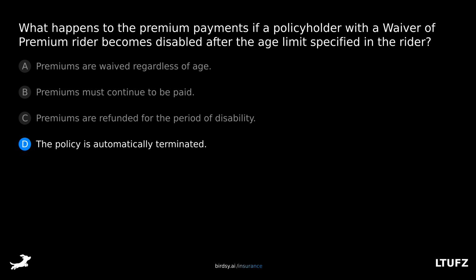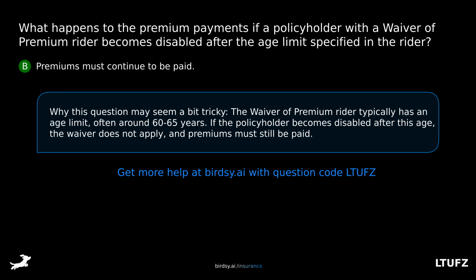Or D, the policy is automatically terminated? The answer is B, premiums must continue to be paid. Why this question may seem a bit tricky. The waiver of premium rider typically has an age limit, often around 60 to 65 years. If the policyholder becomes disabled after this age, the waiver does not apply, and premiums must still be paid.